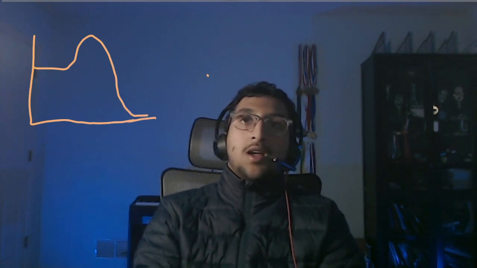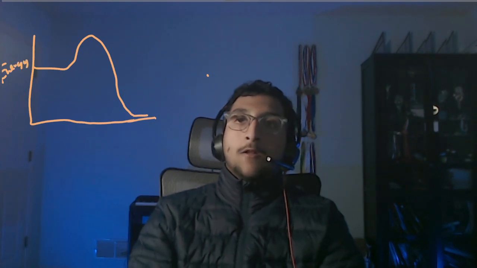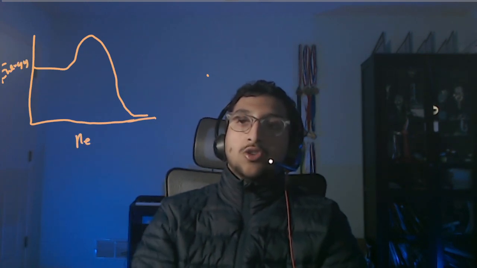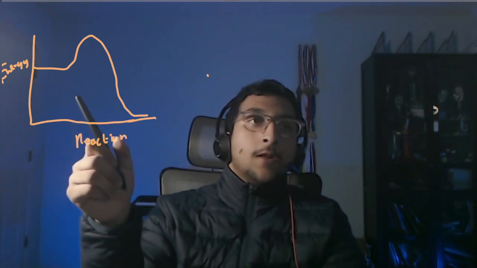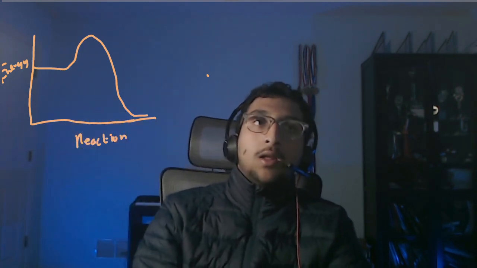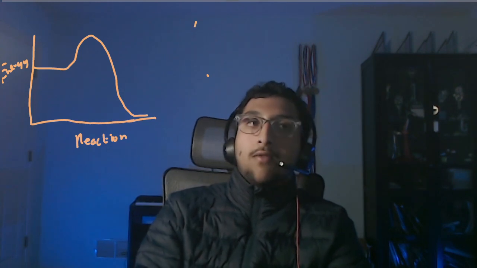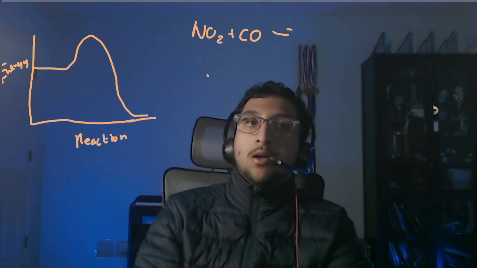So for an example, I think you guys remember these diagrams, right? The energy over the reaction, or basically time. This is over the course of a reaction, so this is basically the energy of the system. Here we have NO2 and CO becoming NO plus CO2.